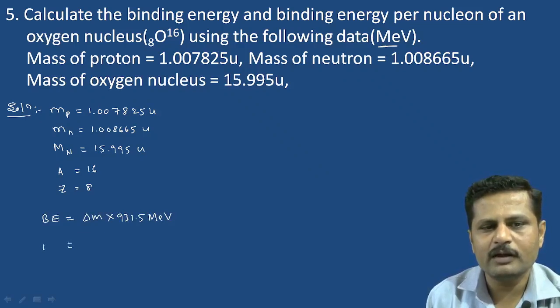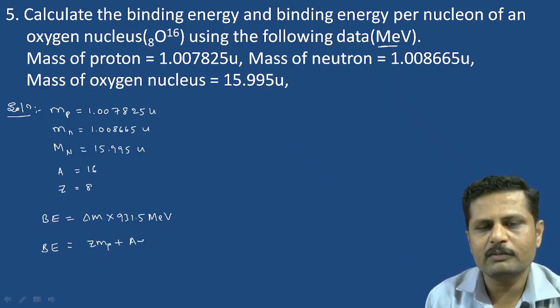Now the mass defect is given by Z times the mass of the proton plus the total number of neutrons, A minus Z, times the mass of each neutron, minus the actual mass of the nucleus. This is the formula for mass defect, into 931.5 MeV.